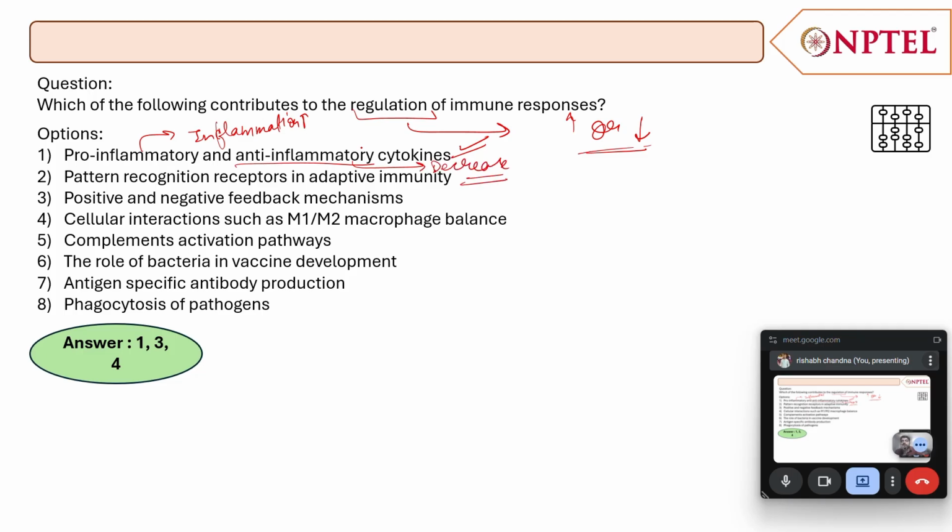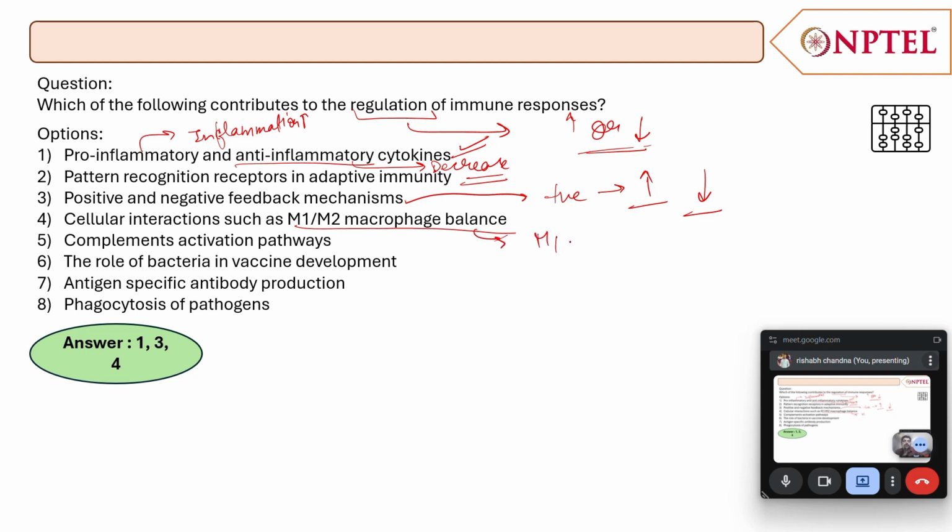Then we have the third one, that is positive and negative feedback mechanisms. The positive feedback mechanism will lead to an increase in the immune response, and the negative feedback mechanism will lead to inhibition of the immune response. Then cellular interactions as M1 M2 macrophage balance.